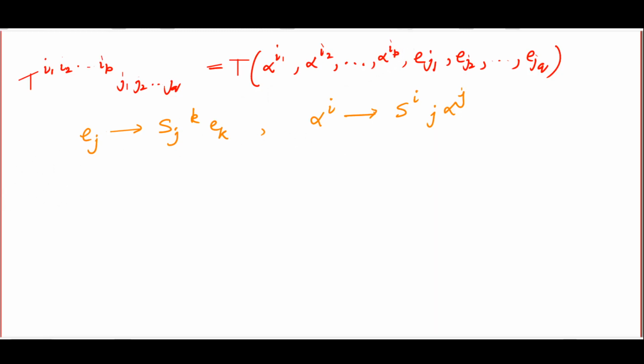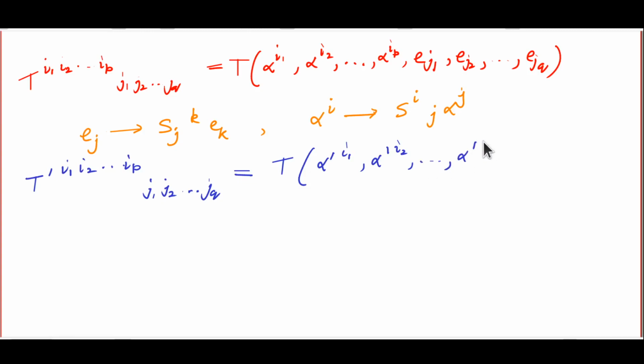And so under a coordinate transformation, the components of the tensor T change in the following fashion. To evaluate the new component of the tensor T in the new frame, the I1, I2, IP, J1, J2, JQ component, what you have to do is feed this tensor T, which remains the same, remember, alpha prime I1, alpha prime I2, so all the new covector basis vectors, alpha prime IP, and then E prime J1 all the way to E prime JQ.